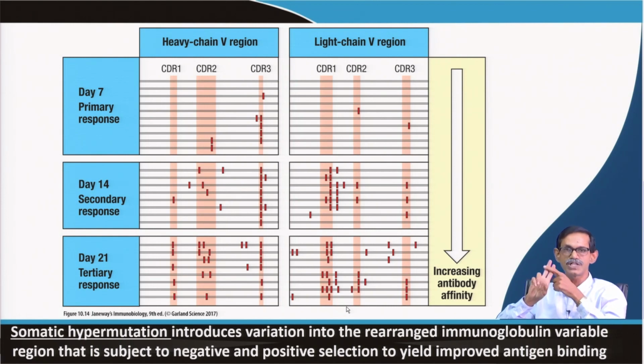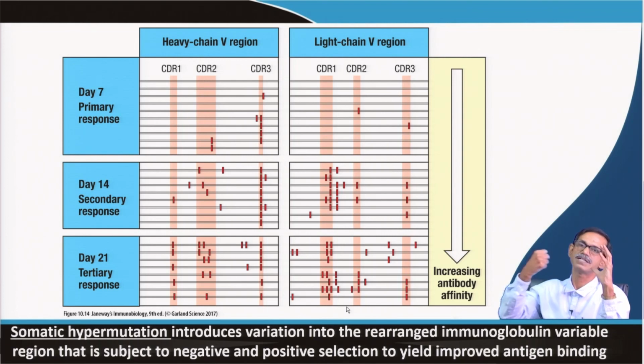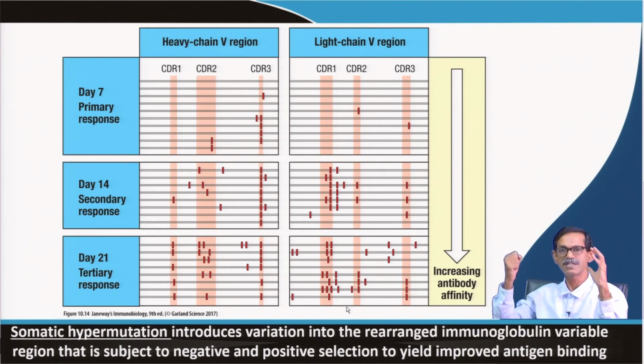And fourth, it can completely change the specificity. That means one antibody used to bind antigen A, but after the change it is not binding antigen A at all. It can find something else much better to bind. So, anything can happen.